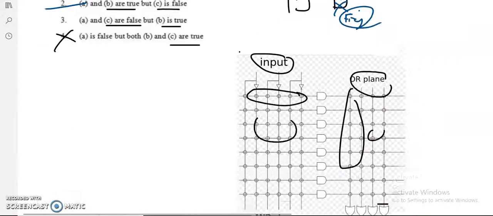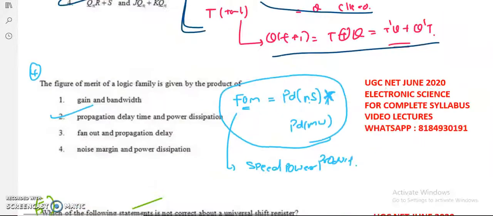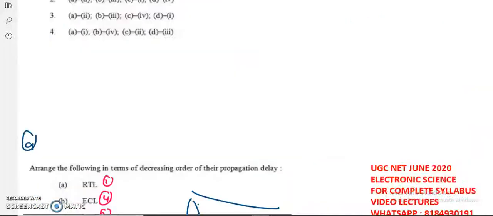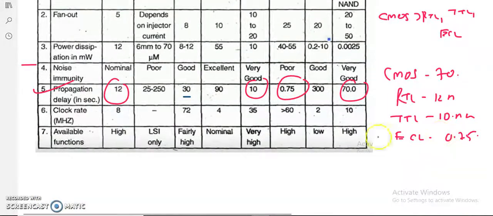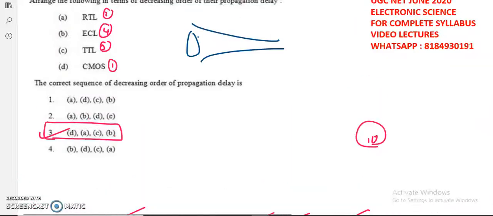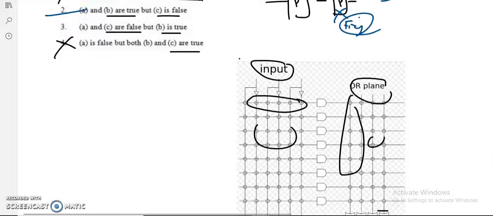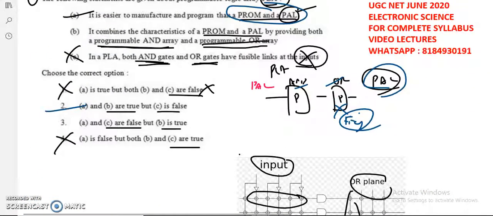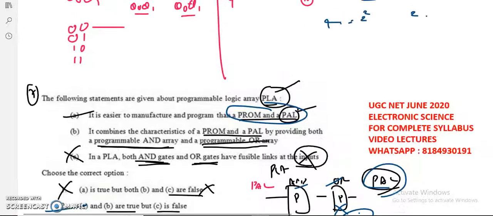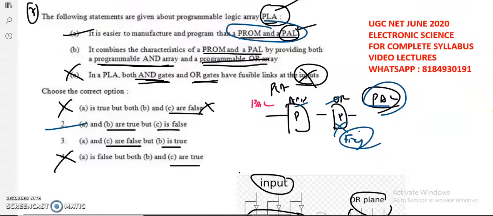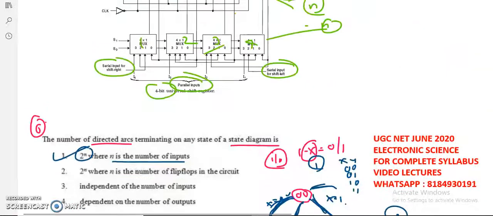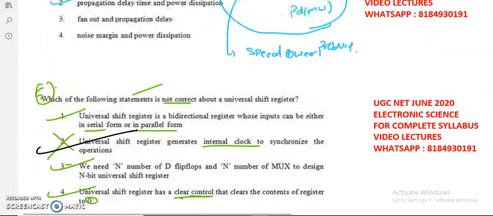Most probably the questions are mainly based upon this table. Based upon this table, definitely you will get a few questions, more than one or two. And on the combinational and sequential devices, and on topics like PLA or ROM, you are going to get questions.